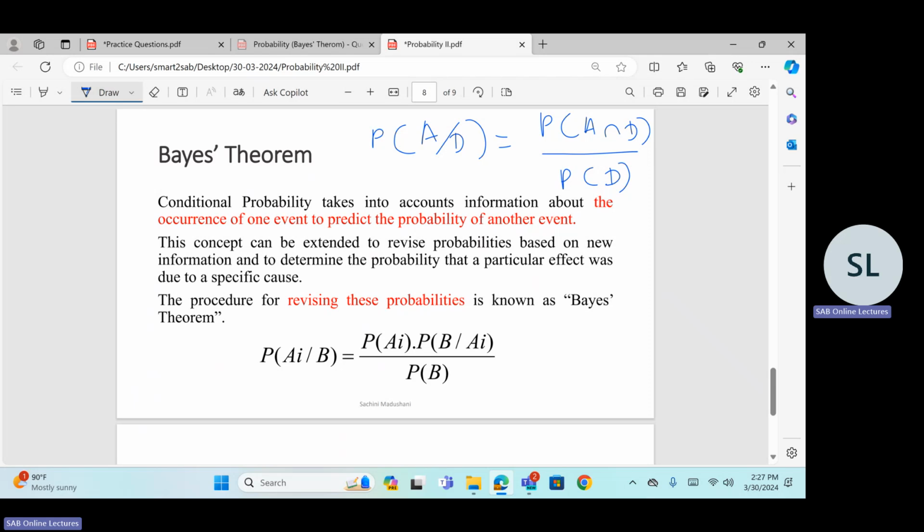This defective item is produced using machine A.